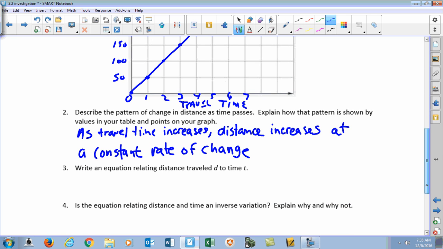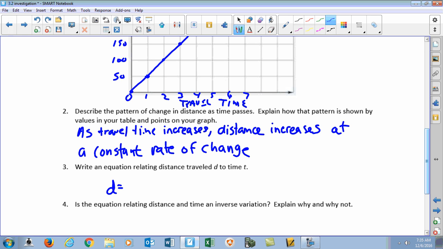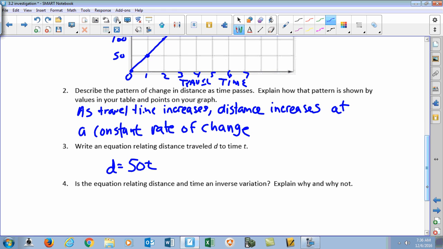So if I'm going to make an equation relating that distance to travel time, our distance traveled is going to equal 50 miles per hour, so that's 50 times t, and the y-intercept here is 0. So when it asks us number 4, is this an inverse variation or not? No, it's not an inverse variation. What function is it?